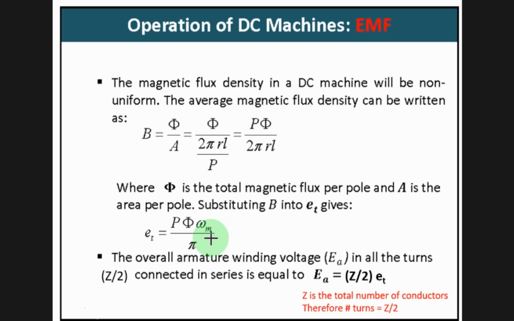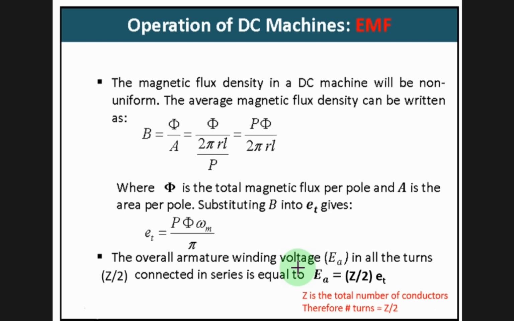Okay, this is the total induced EMF by a single turn, right? Single turn. The overall armature winding voltage, that means if you multiply this by number of turns. In my previous presentation that I shared with you, the Z value was given as the total number of turns, but there was a mistake there, so I corrected that.